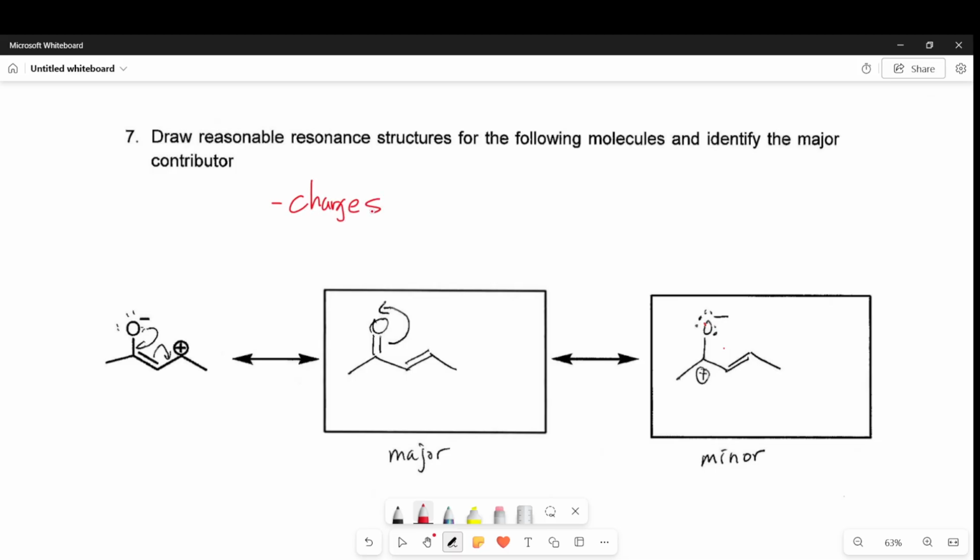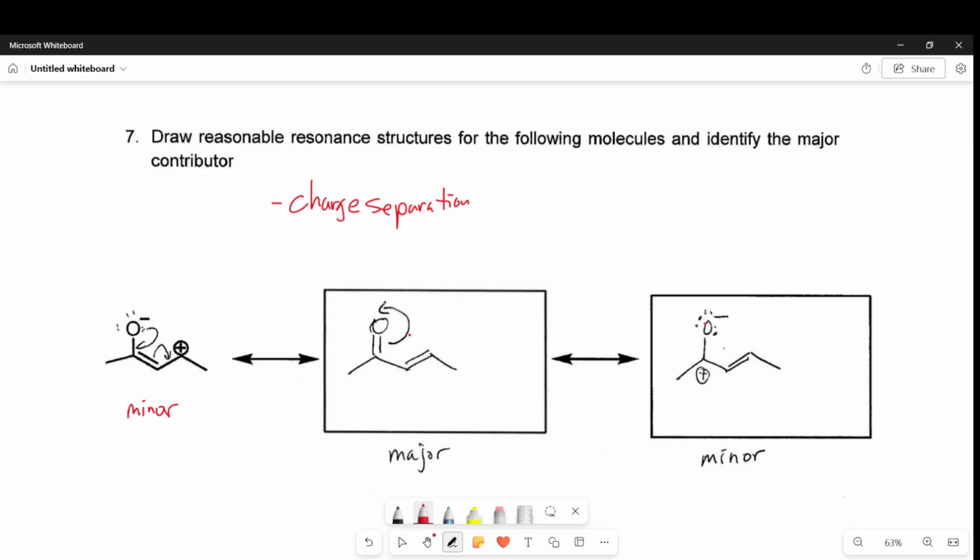Structures that have charges rather than bonds are not major contributors. For example, this is not major, this is a minor contributor as well. This is major because it doesn't have charge separation.